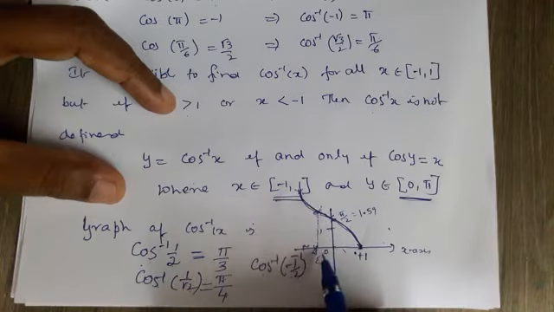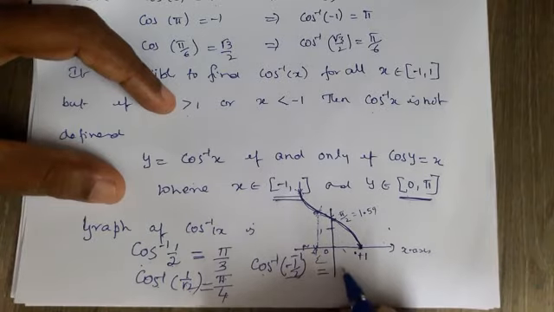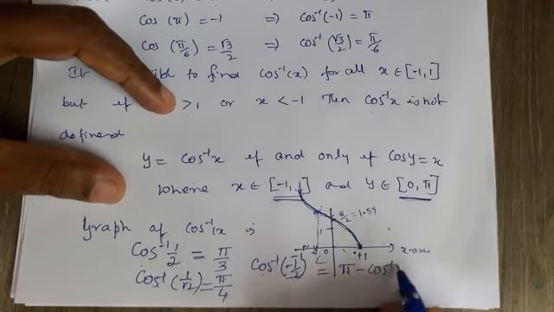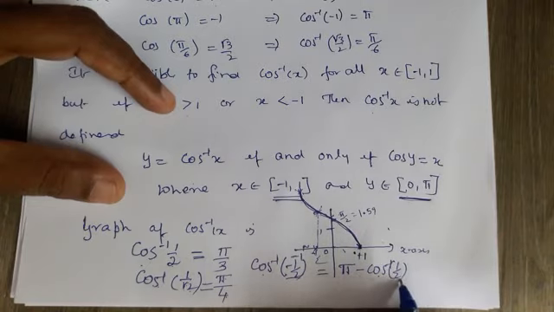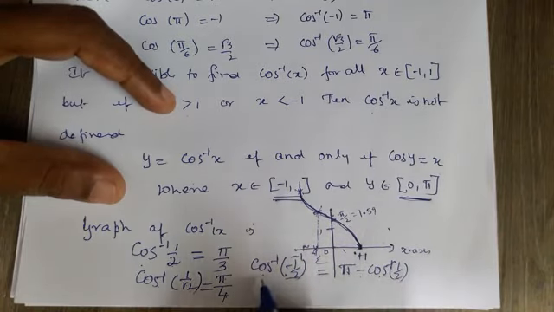And whenever it is a negative value, you can write it as pi minus cos inverse half. You know the value of cos inverse half, and hence it is possible to find values of cos inverse of a negative number. In general this result will hold for any number less than 0.